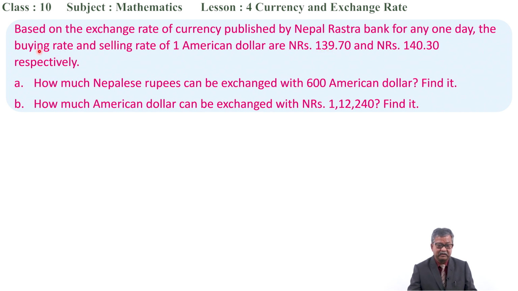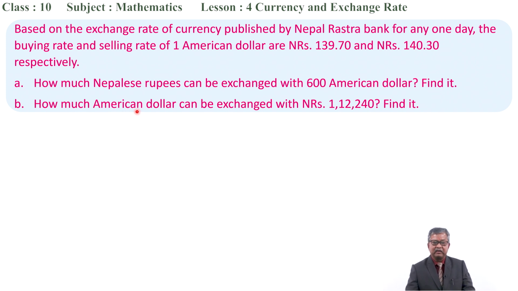Buying rate, because first is buying rate, and 140 rupees 30 paisa is the selling rate. Then how much Nepalese rupees can be exchanged with 600 American dollars? American dollars are given to the bank, and the bank gives the Nepali currency. So how much Nepali currency? That you know. It means the bank uses which rate? The buying rate, yes.